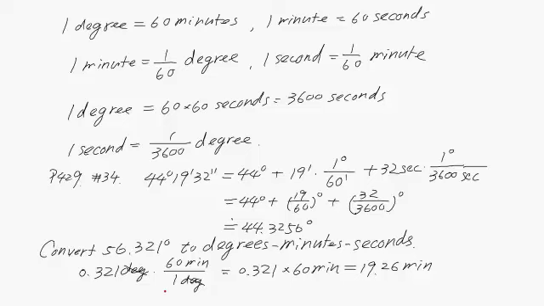Now for the fractional part of this minute, we can convert this to seconds. So let's continue with this. We move to the next page. So we have the 0.26 minute, and then we multiply this number by 60 seconds over 1 minute.